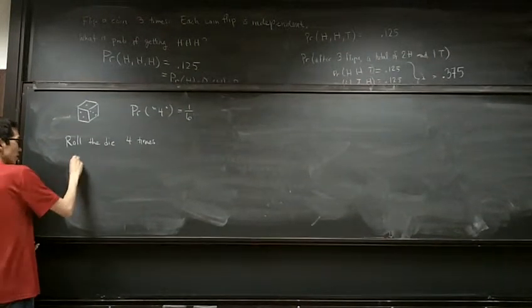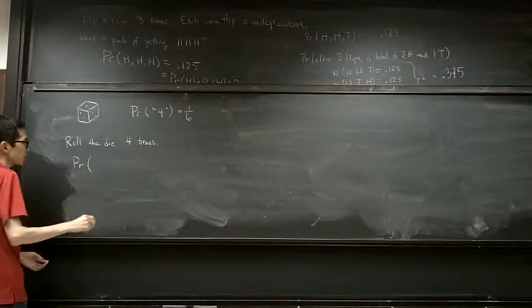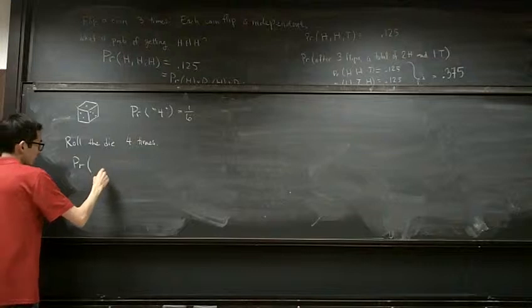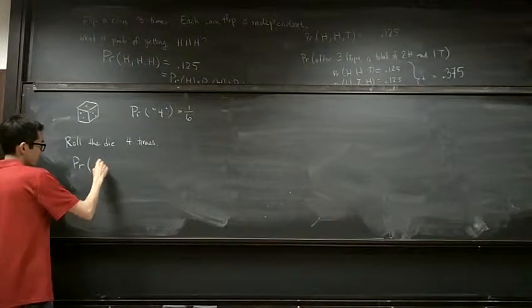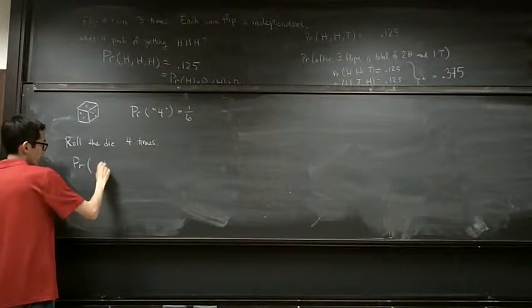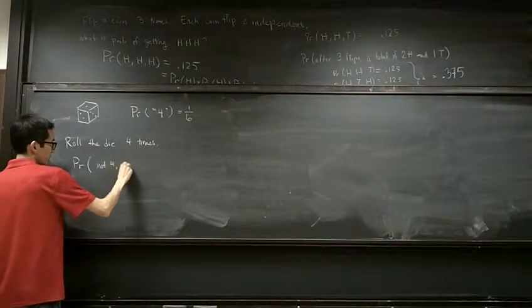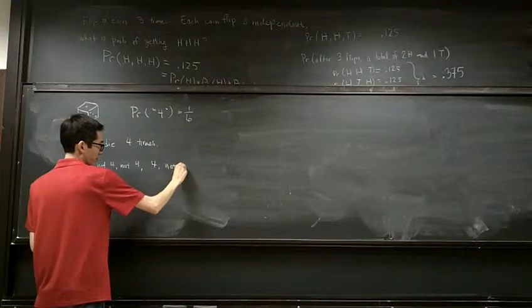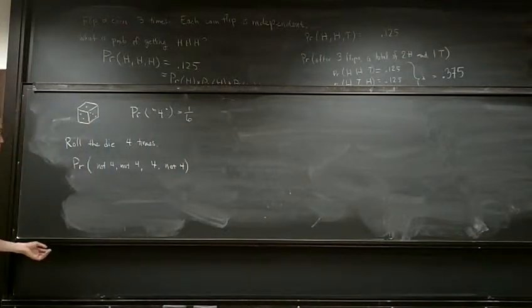These are a few questions. What's the probability I get the sequence not 4, not 4, 4, then not 4? Okay.